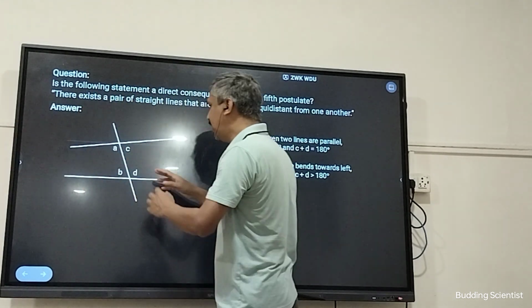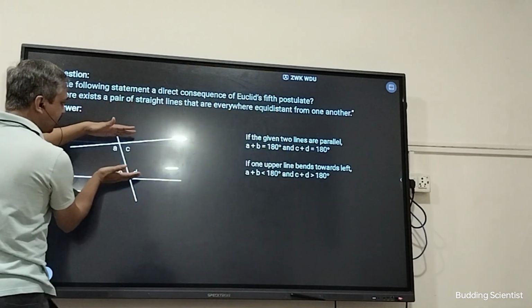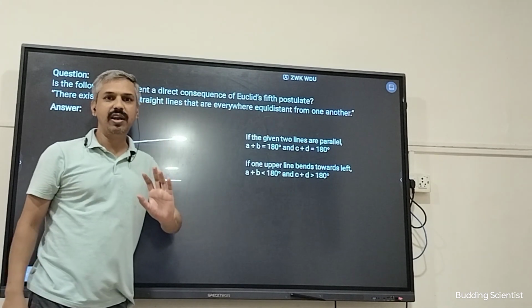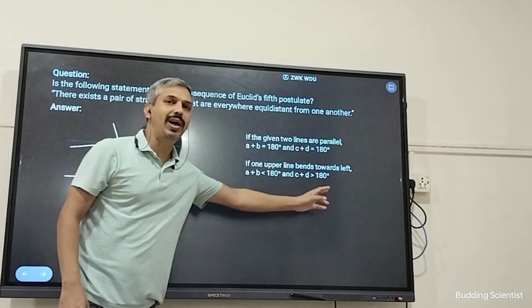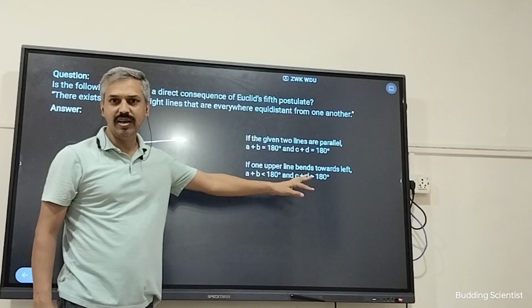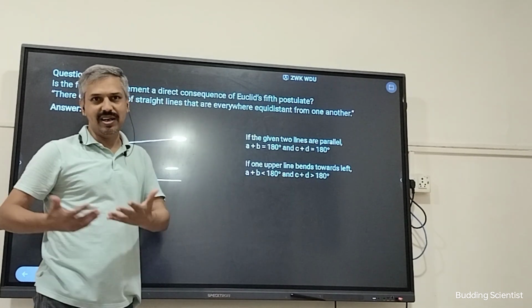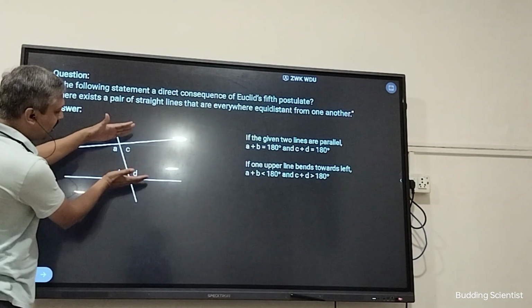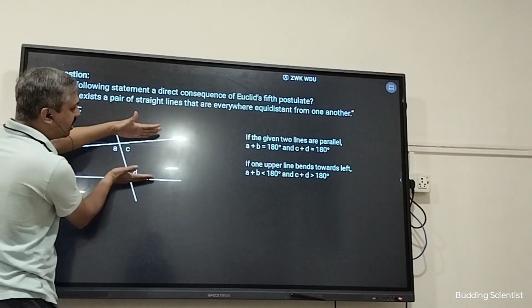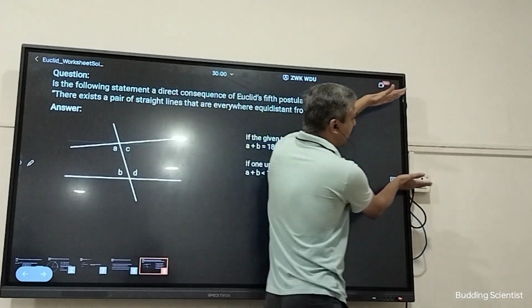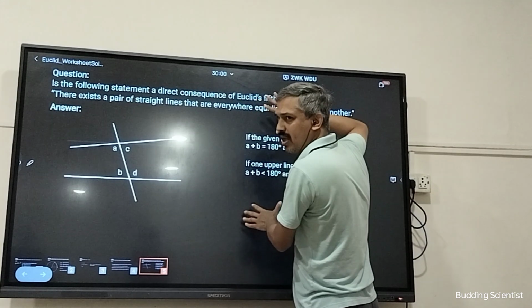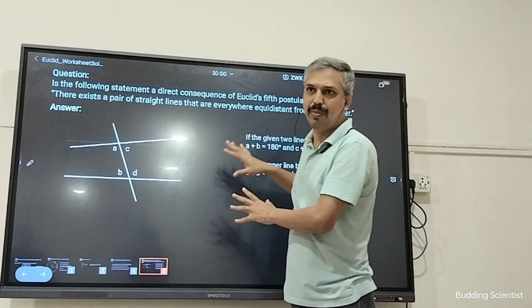And the side where the sum of interior angles is greater, Euclid did not say 180 degrees, Euclid said greater than two right angles, which means the same thing. One right angle is 90 degrees, two right angles is 180 degrees. If the sum is greater than 180, then the lines will go on moving apart from each other in this direction. As a result, the lines will never meet.